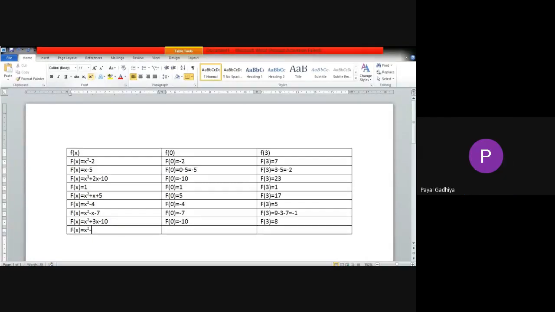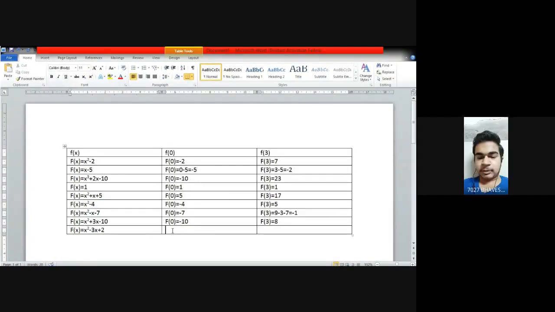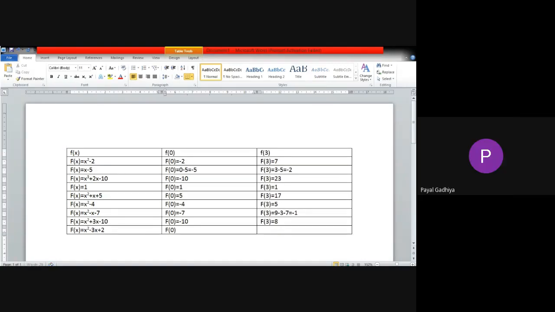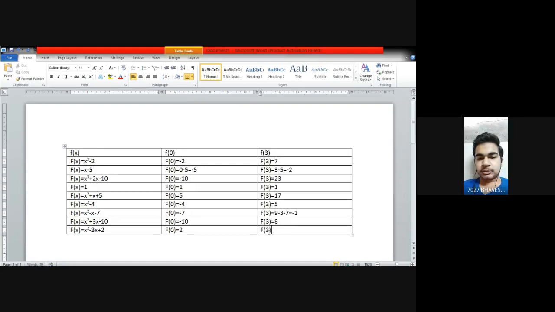Then f of 0 is equal to 2. And f of 3 is equal to 3 threes are 9, minus 9, plus 2, which is 2. Very good.